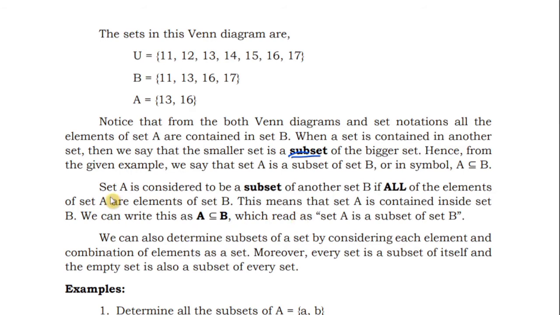When we talk about subset, it is a set considered to be a subset of another set if all the elements of a given set, like set A, we also find in set B. So in this example, are 13 and 16 found in B?